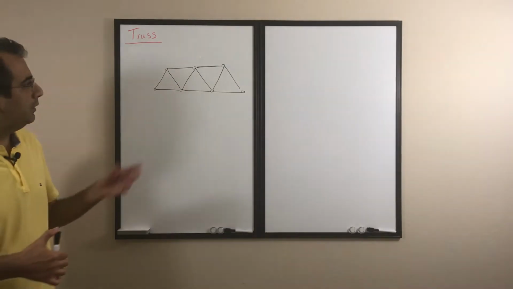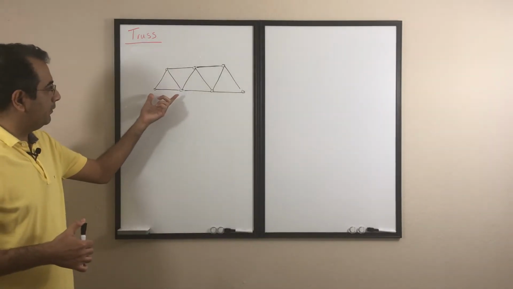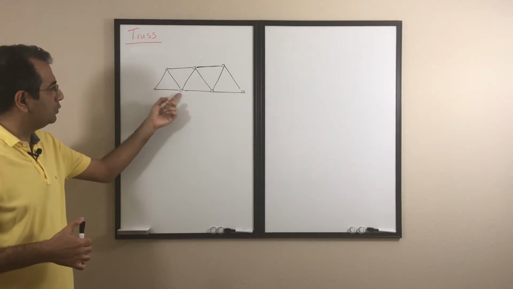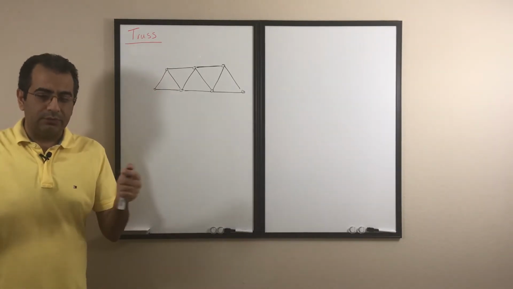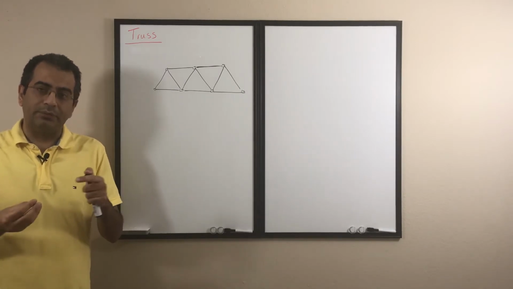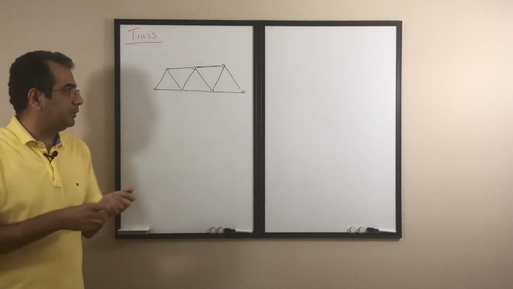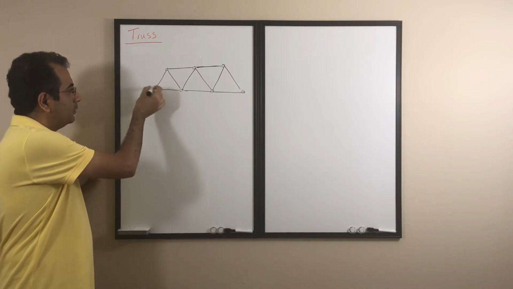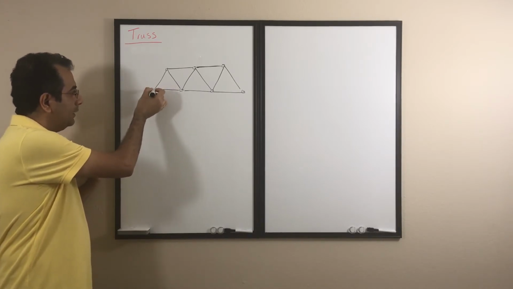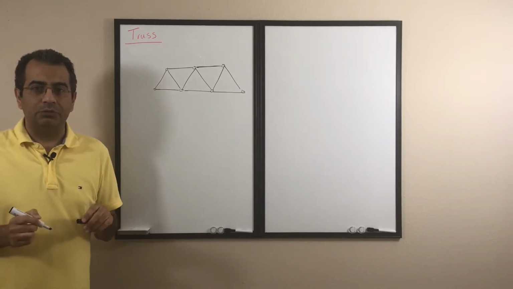The second assumption that we have is that all the joints behave as a pin. So all the members are connected to the joint by a pin. Because this is a pin, it doesn't restrict rotation, so all the members can rotate about that joint.